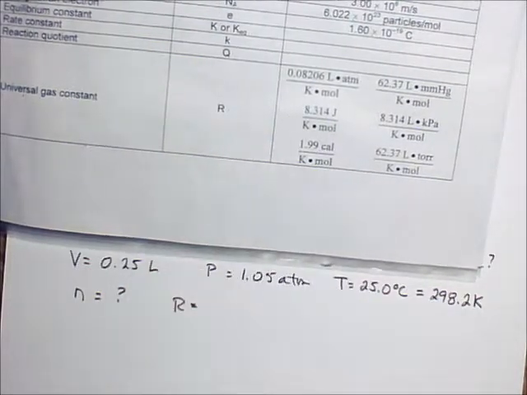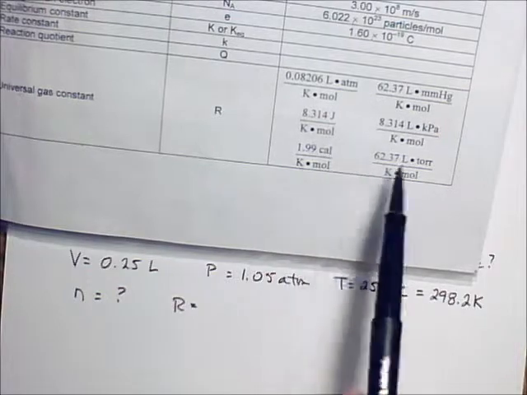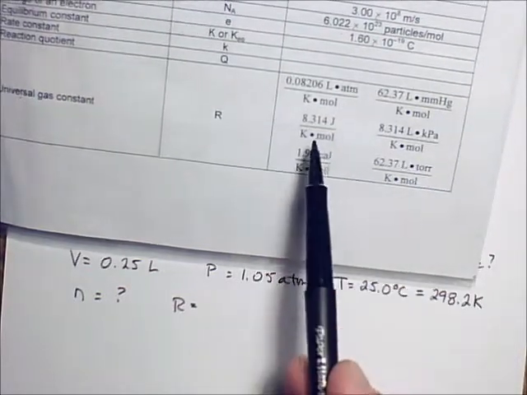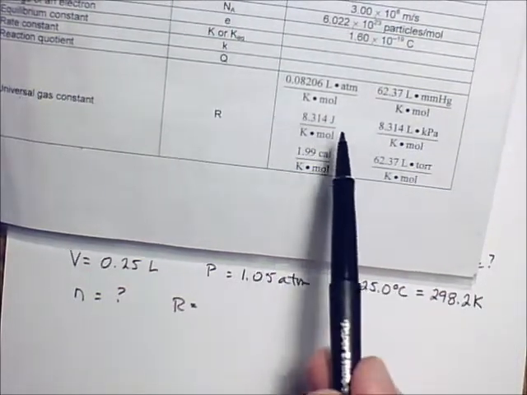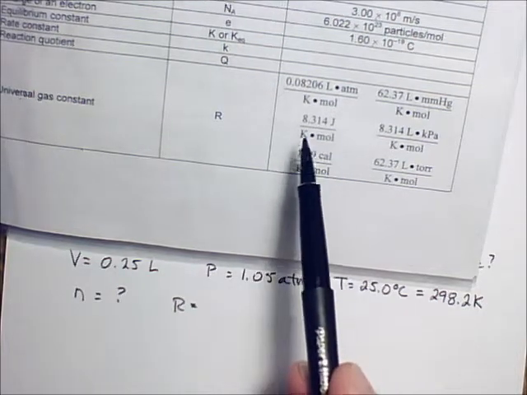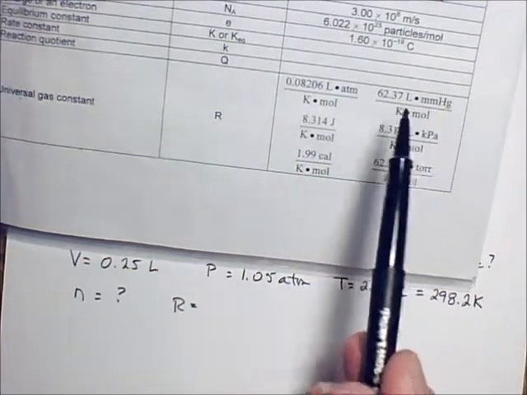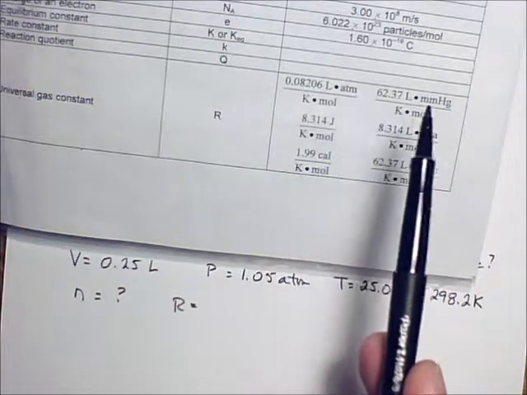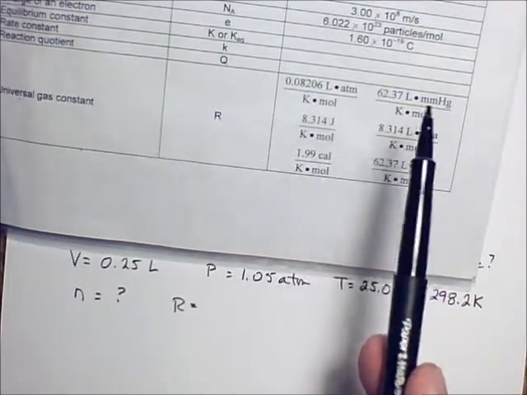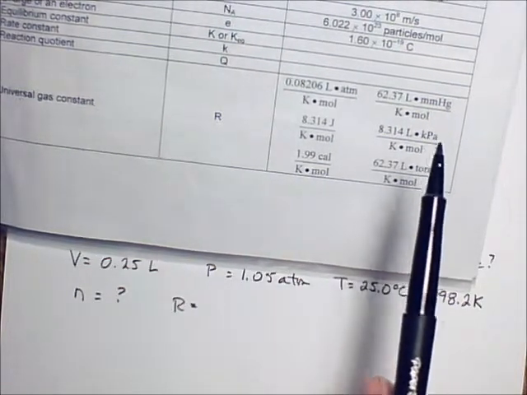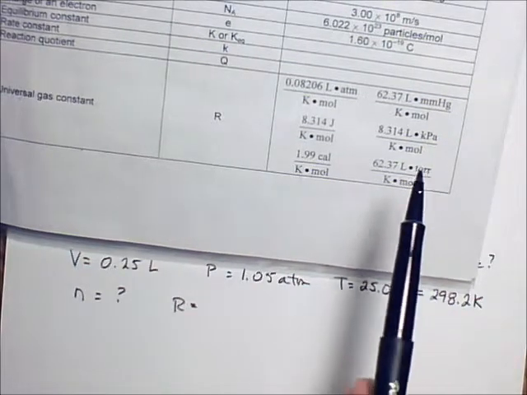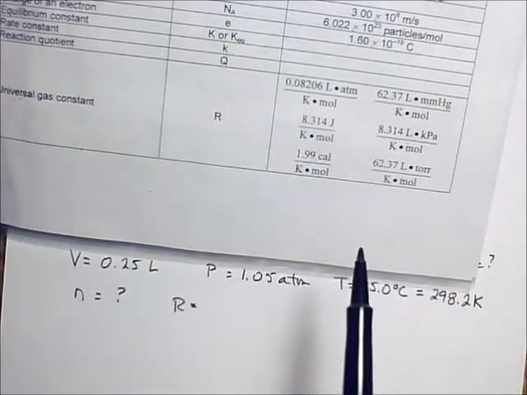Now, just as a little hint, about the only thing that's going to change in here is going to be your pressure units. We're really not going to use these two versions of R over here in the lower left. We're going to use these right here. So if you just match up the pressure units, atmosphere, millimeters of mercury, kilopascals, or torr, everything else is going to work out for you.